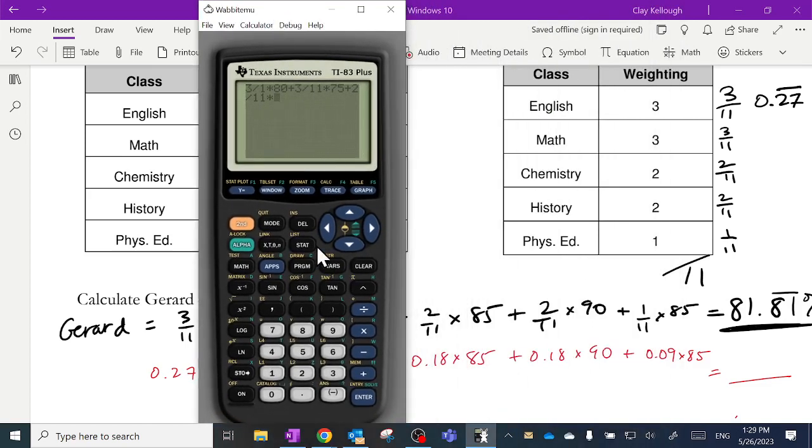What was that number? 85. That was his chemistry mark, right? Plus 2/11ths of 90 plus 1/11th of his phys ed mark, 85. And when I do that calculation, I get 300.